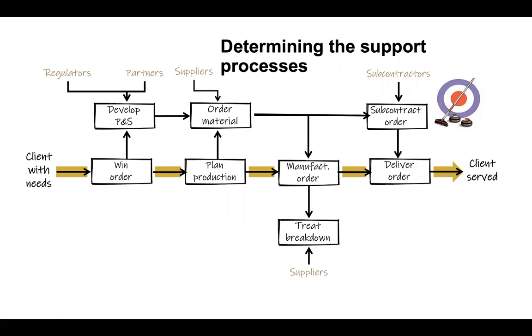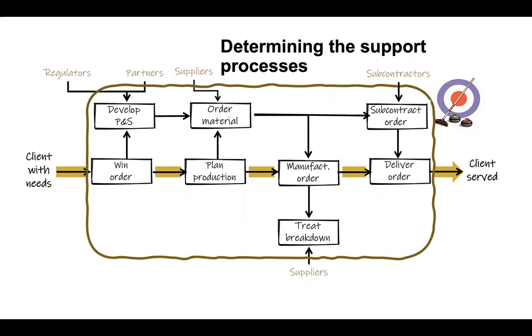So let me put this border here just to help what comes next. Of course, this organization needs people, competent people. So how do you onboard people? How do you improve their competence? So it's another support process.